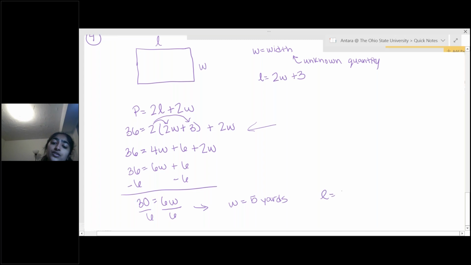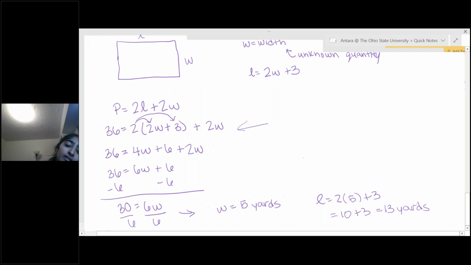And L is 2 times 5 plus 3, because W is 5 yards. And we get 10 plus 3, that's 13 yards.